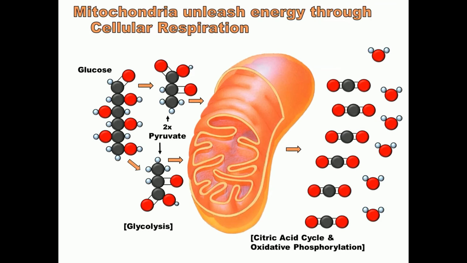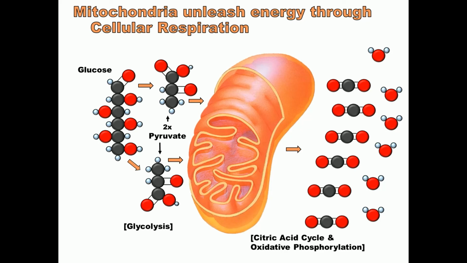So the mitochondrion is a far more efficient producer of ATP than any anaerobic process, any non-oxygen requiring process would be by itself. And that's why mitochondria are so important to eukaryotic cells, because without them, you just can't get the amount of energy required for these big, complicated cells. So this is what we're going to talk about largely in Unit 3, is photosynthesis and cellular respiration, and how we can get this much efficiency out of it.